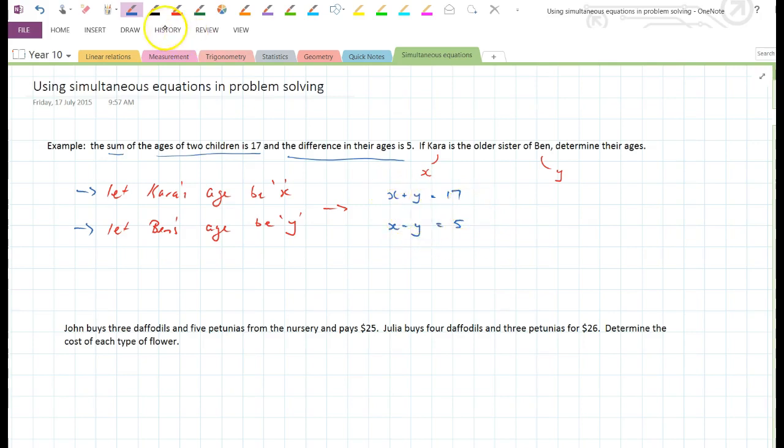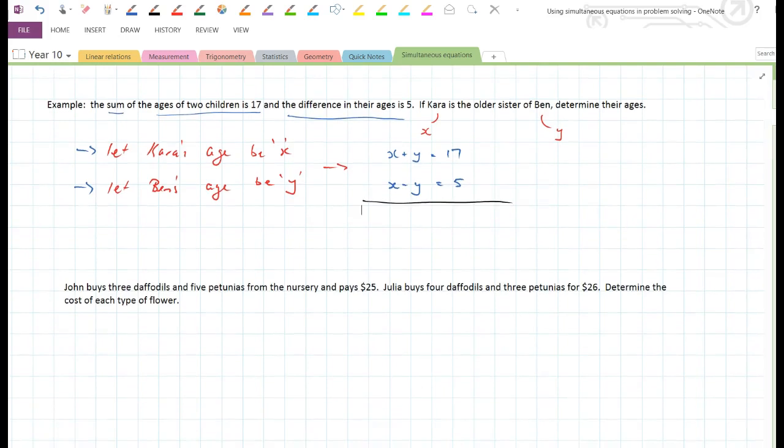Once I've got my two equations, most often with these questions, solving them is really quite straightforward, because the challenge is getting to this point. Once you're at this stage, you're pretty much home, because we're getting good now at solving simultaneous equations, I hope. In this one, I'm going to use elimination because I've lined it up nicely, and it's going to be the easiest method for me.